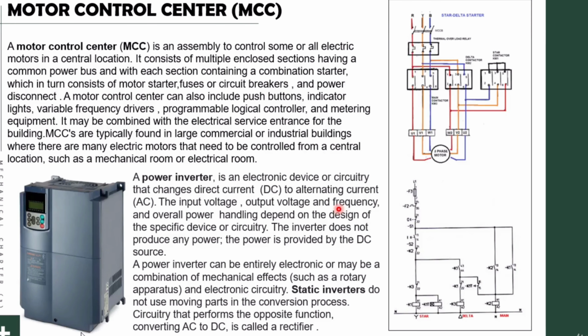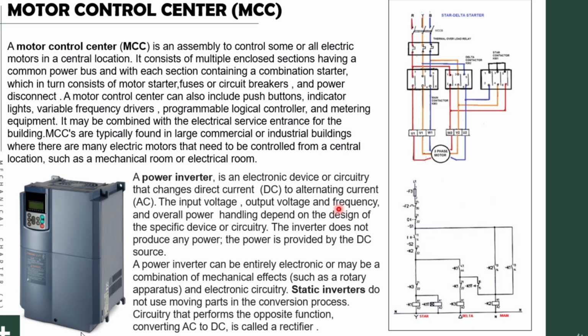And the third type of the important panel board is called the motor control center or the MCC. The motor control center is an assembly to control some electrical motors in a central location. It consists of multiple enclosed sections having a common power bus, with each section containing a combination starter, which consists of a motor starter or fuse or circuit breakers and a power disconnect switch.